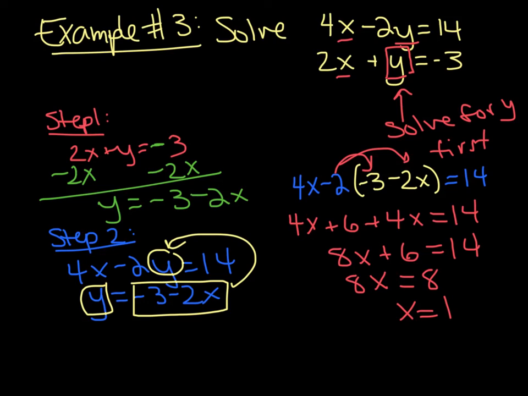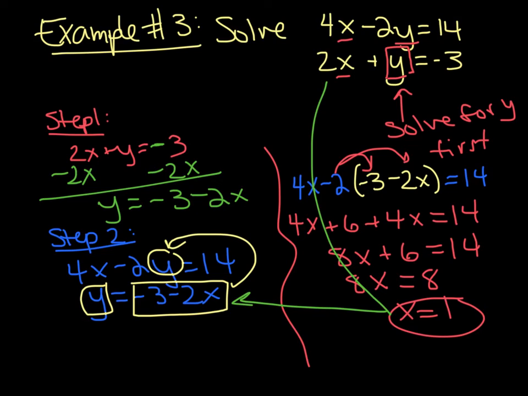Now, continuing on to my final step, I am going to take this x equals 1 and substitute it back into my original equation. So the original equation I had was this one right here. You can substitute it back into the one that you have up there.